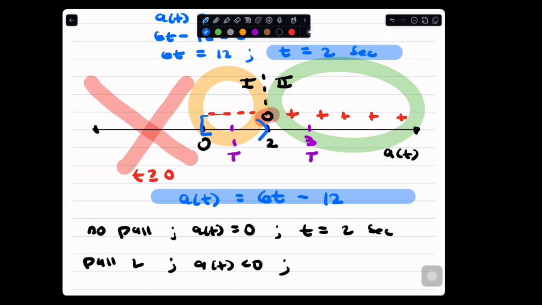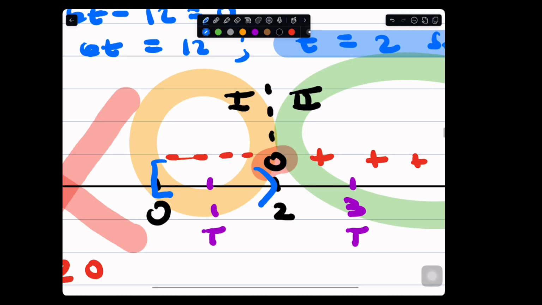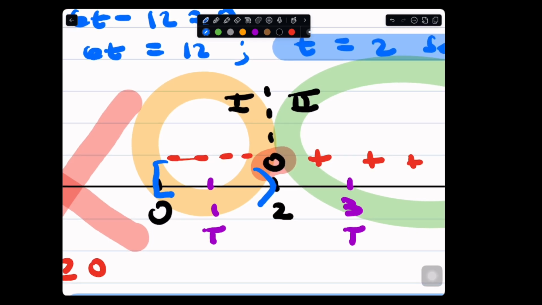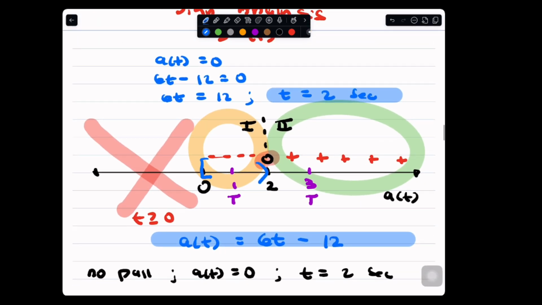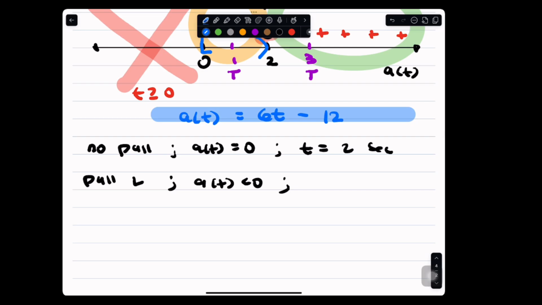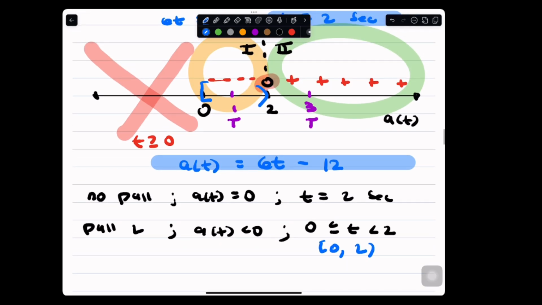We don't include 2 because at 2, the acceleration is 0. It's not negative. 0 isn't negative. So again, we write 0 less than or equal to t, strictly less than 2. Look at that interval notation. That's when it's being pulled to the left.